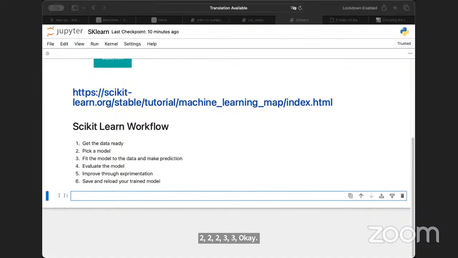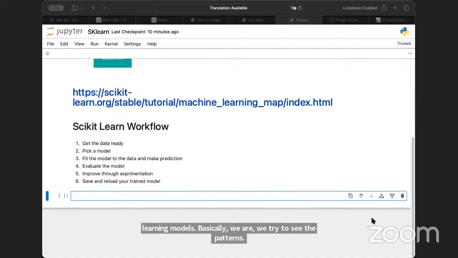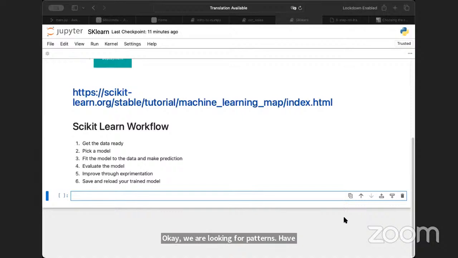So what do we do? We get data, we build machine learning models. Basically, we try to see the patterns. We are looking for patterns and we make predictions. That is clear. What is scikit-learn built on? Scikit-learn is built on NumPy, Matplotlib, and Python, of course. Scikit-learn itself has a lot of machine learning models that we know.